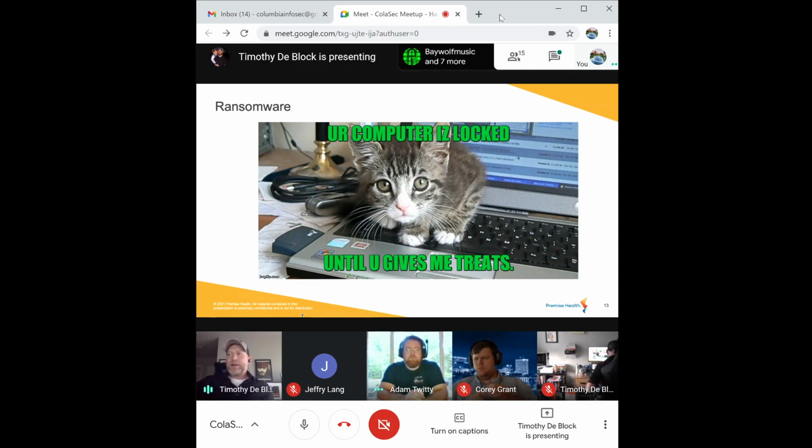So when they encrypted the C drive, I think they excluded the folders that would allow the server to start up. When they encrypted the rest of the server and the system files were in different folders, it actually killed the server itself. So they couldn't actually ransom anything.